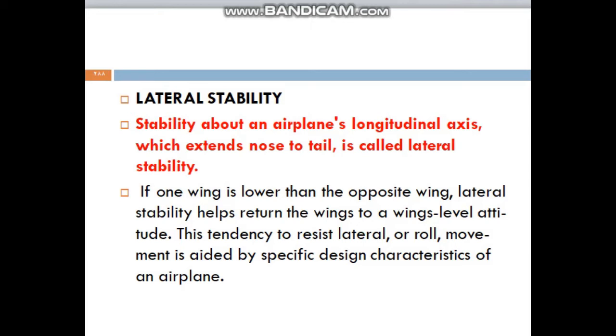If one wing is lower than the opposite wing, lateral stability helps return the wings to a wings level attitude. This tendency to resist lateral or roll movement is aided by specific design characteristics of an airplane.